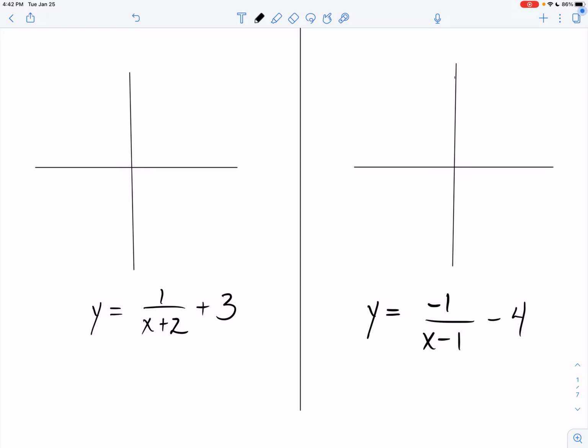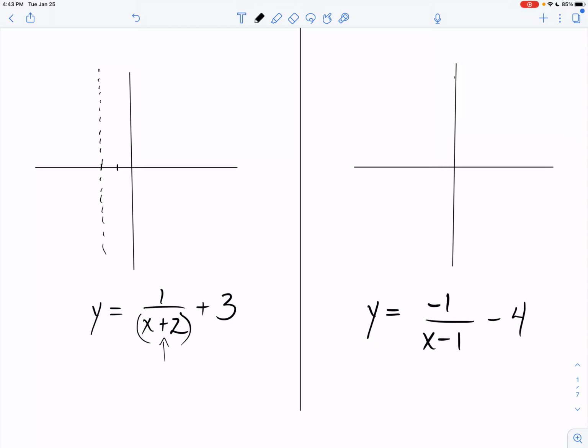So here, I would say the number next to x, whether or not they put it in parentheses, you can, but the number next to x, remember, is sideways motion. You set it equal to 0 in your head, and so you'd go left 2 units. But since this is a rational function, that means there's an asymptote right there, left 2 units.